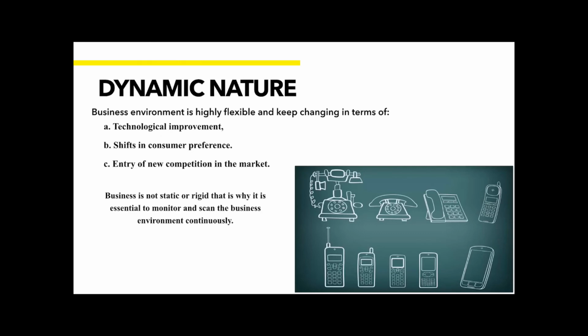So what we can say is business is not static, it is not fixed or rigid. It is not like something you cannot bend. That is why it is essential to monitor and scan the business environment continuously. It is very important to understand the business environment and to flow with the changes.